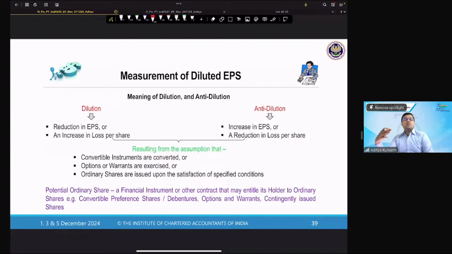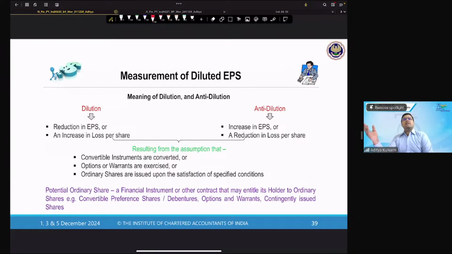We saw that EPS is computed from the perspective of the equity shares, which are subordinate to all other categories of shares present in the capital structure. Then we saw the weighted average number, where we do a time-weighted calculation for the number of equity shares.